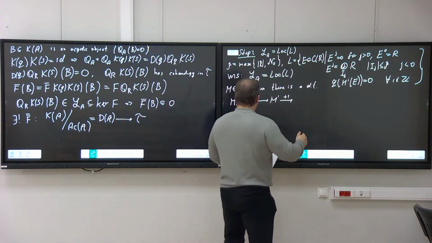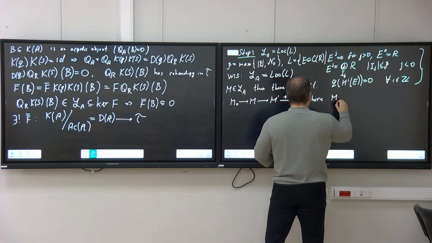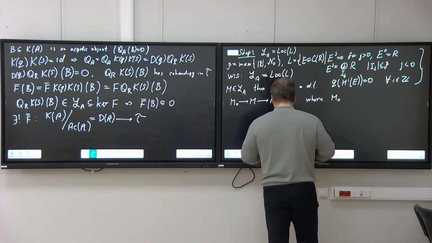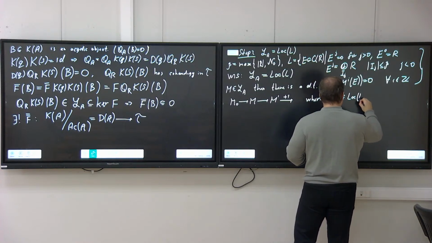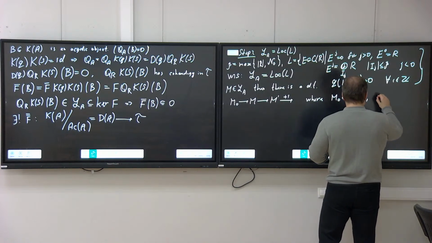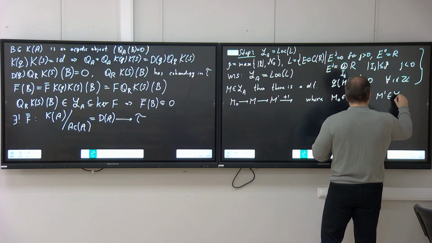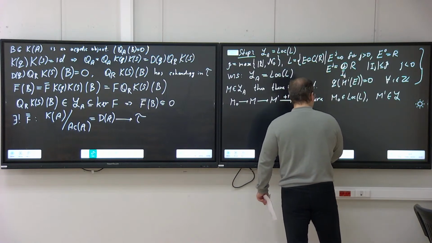Where M0 is in the localizing subcategory generated by L, and M prime is in the right orthogonal of the localizing subcategory generated by L.